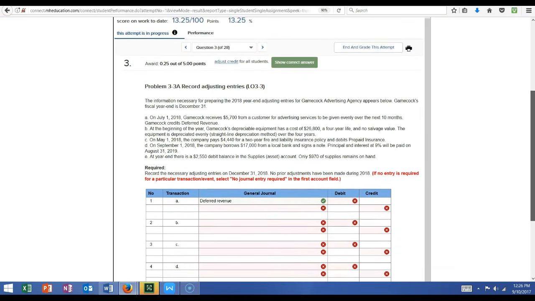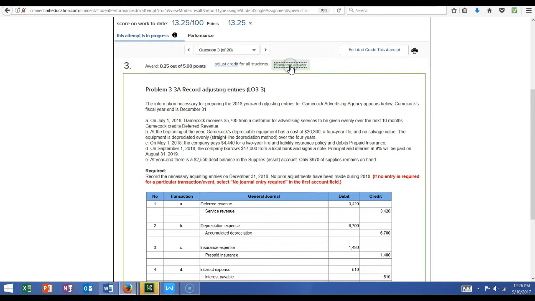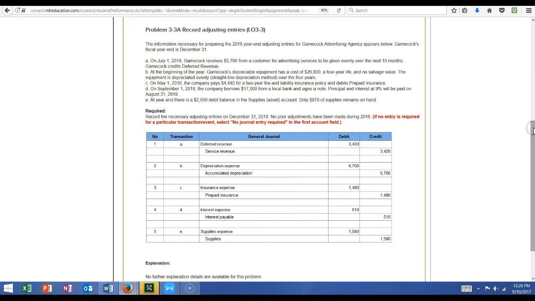This next one is going to go through various journal entries. So, the information necessary for preparing the 2018 year-end adjusting entries for Gamecock Advertising Agency appears below. Gamecock's fiscal year-end is December 31st.